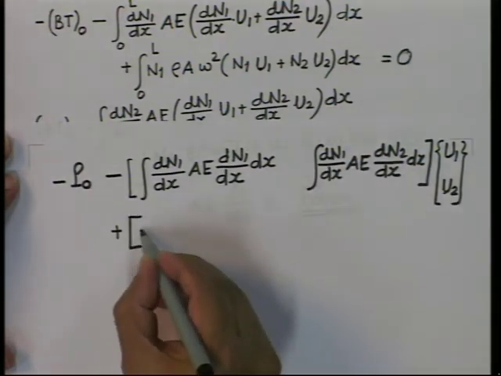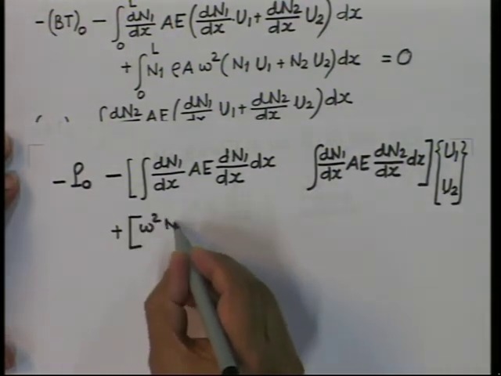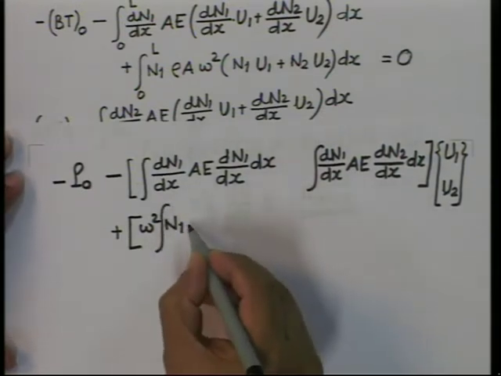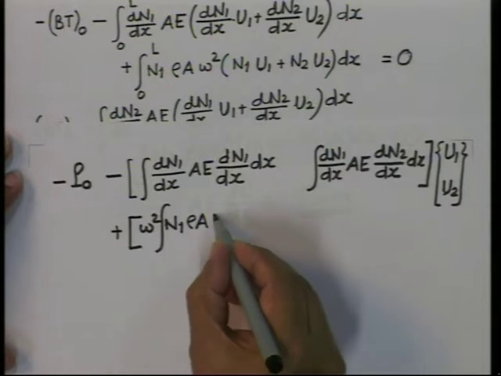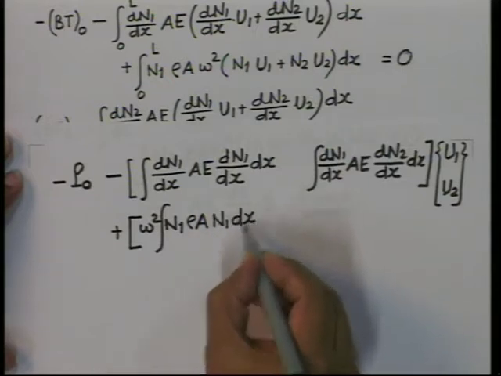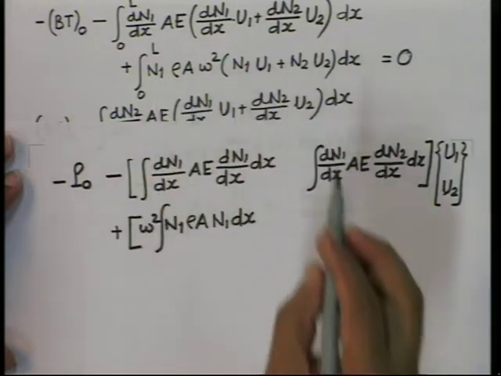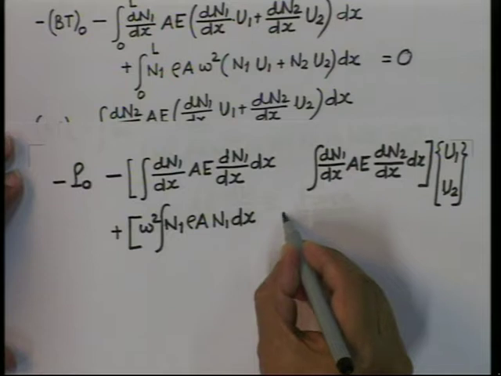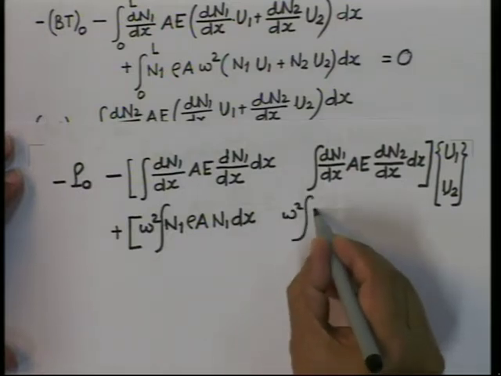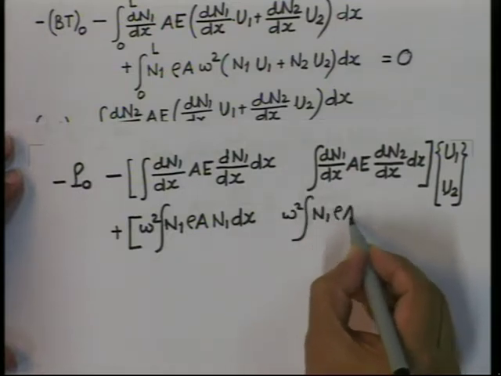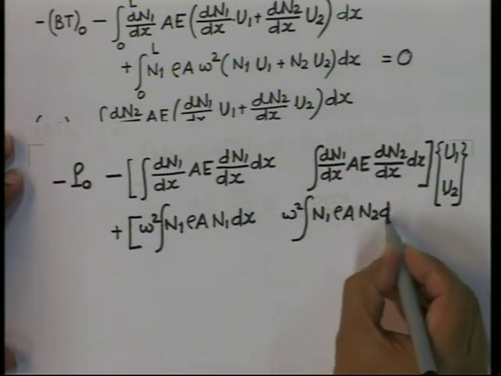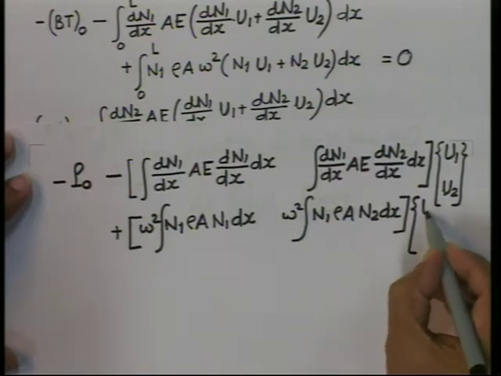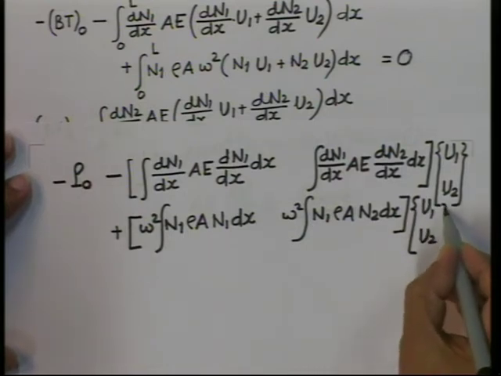I will just take omega square outside: n 1 integral rho A n 1 dx, and again next one, omega square outside, n 1 rho A n 2, 1 by 2 multiplied by u 1 u 2.